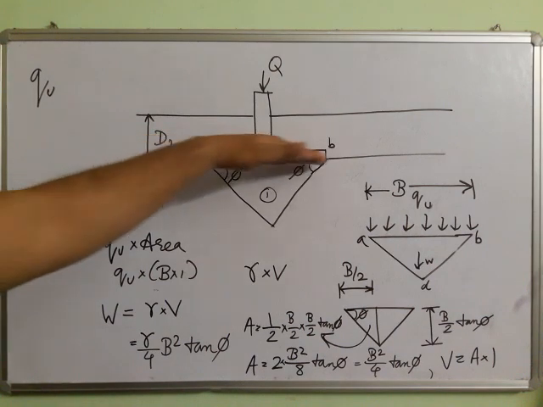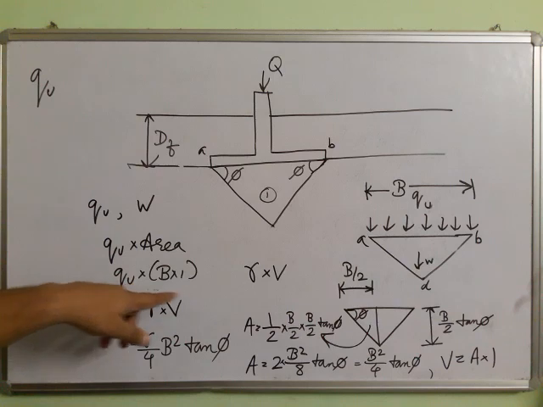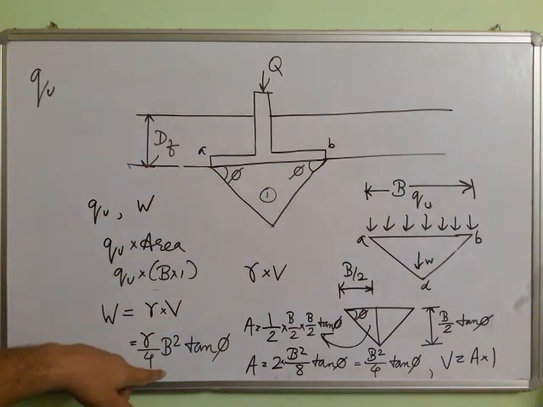At this level, this is the total load that is falling, and the weight of this is given here. So these are the forces that are causing the failure.